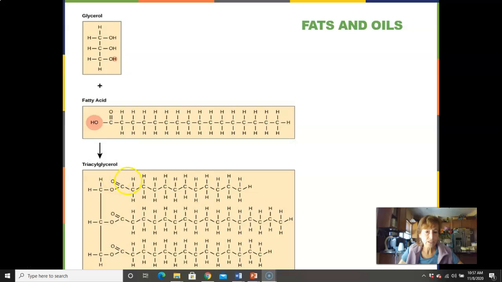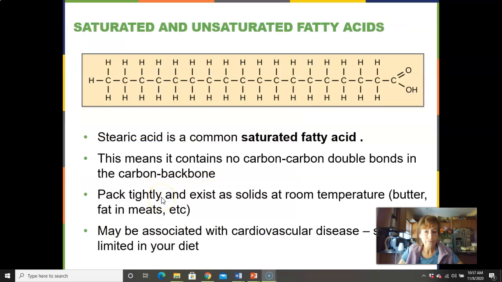So you can see this fat here that is formed, and this lipid, which in this case, because everything in here is single bonded, we have a maximum number of hydrogens, it's going to be a saturated fat. So that's the definition of saturated, that every one of these carbon chains on this part of the molecule has the maximum number of hydrogens possible because there are no double bonds.